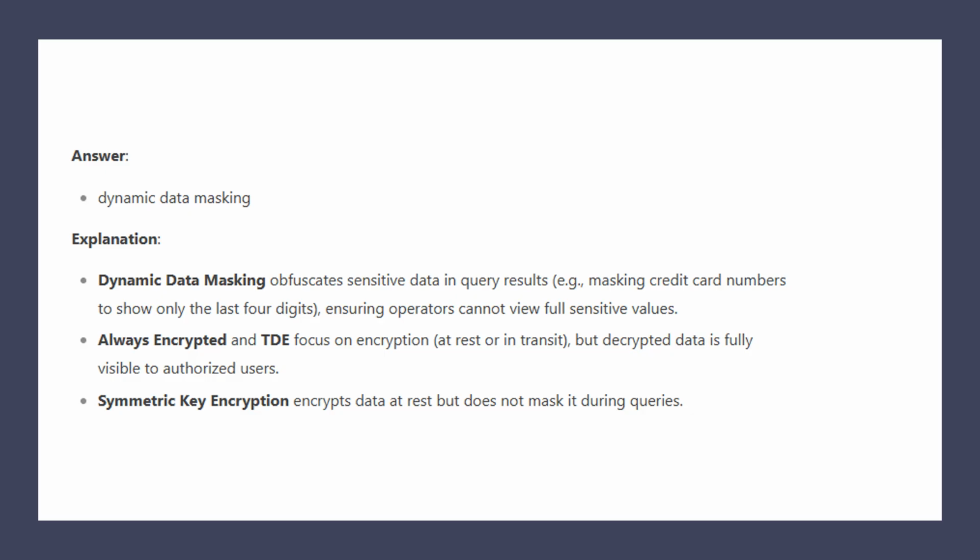Always Encrypted and TDE focus on encryption at rest or in transit, but the decrypted data is fully visible to authorized users. Symmetric key encryption encrypts data at rest, but does not mask it during queries.